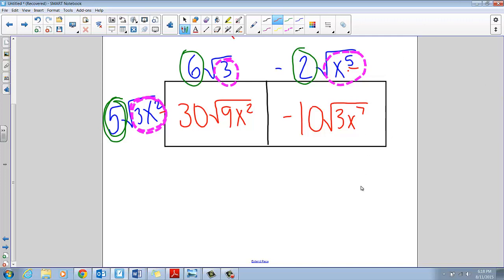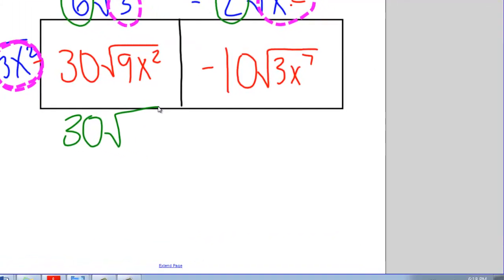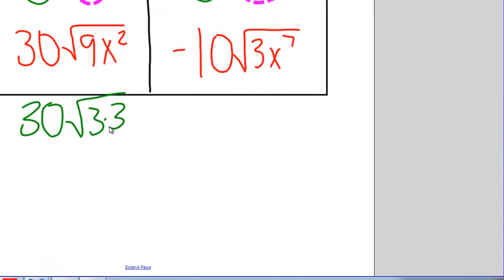Okay. We feel comfortable with where we are at right now, but there's more work to be done. We can reduce what's under the radical. So do I know the square root of 9? I know that 9 is 3 times 3. And for those of you that like doing the pairs, that is a pair.